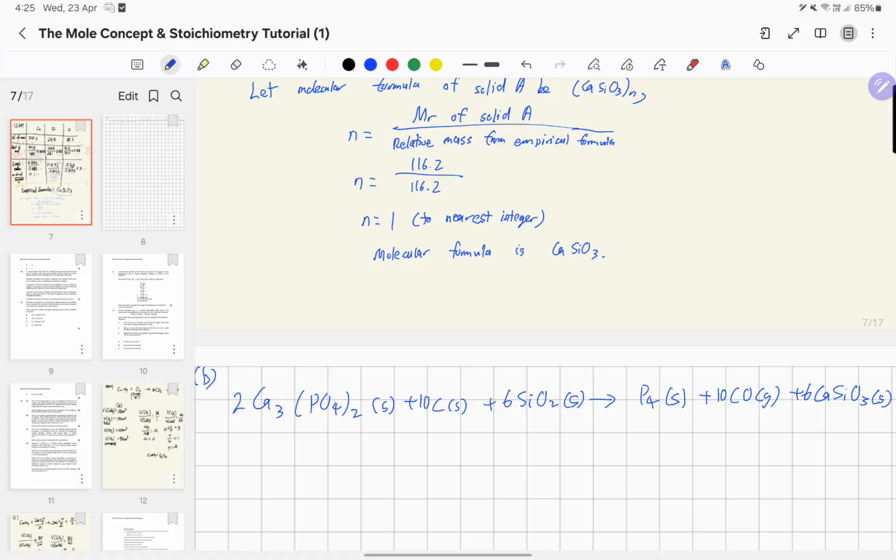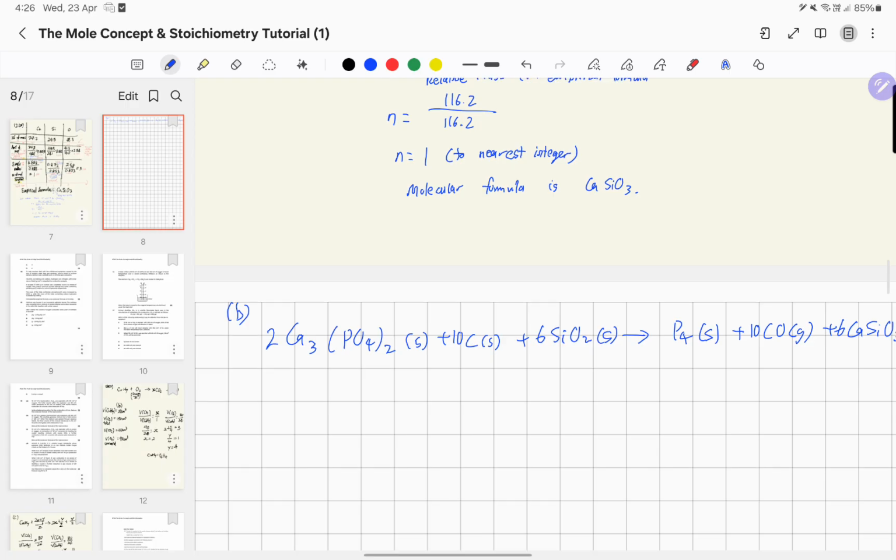For P, 8 times, so 10 C's, Si, 8 times 2 is 16, 16 plus 12 is 28, so 28 on this side. 10 plus 18 is 28, so everything is balanced out, that's just to double check everything.